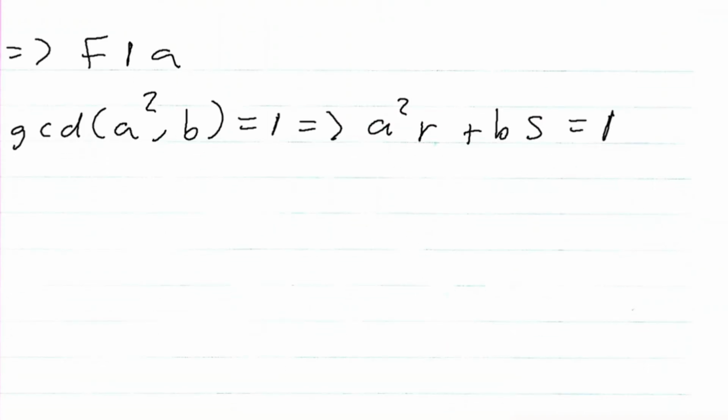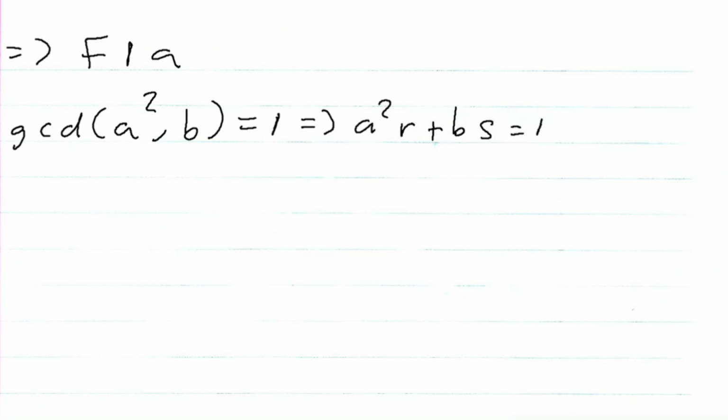Let me move that down a little bit because I'm just out of space, or make it smaller. I'll just make it smaller. So this implies that a squared r plus bs is equal to 1, where r and s are integers.